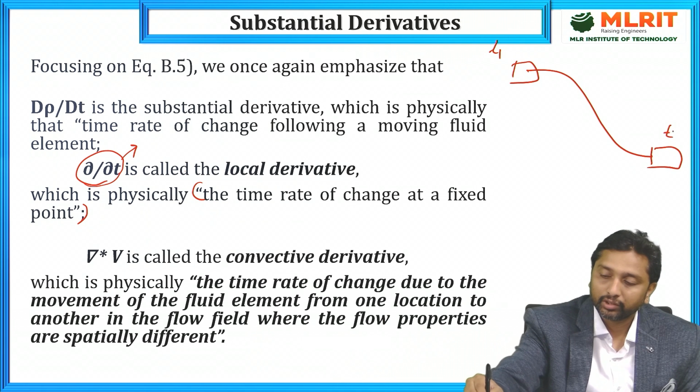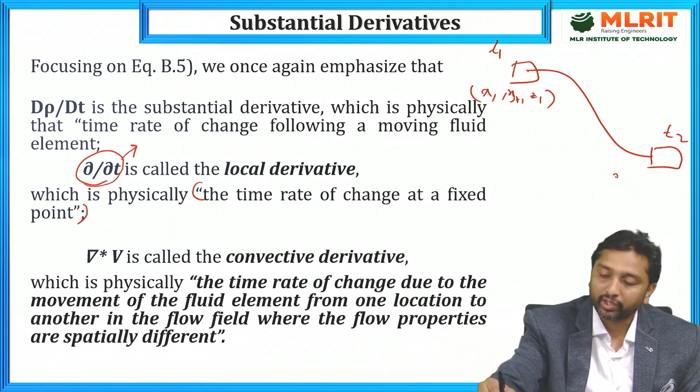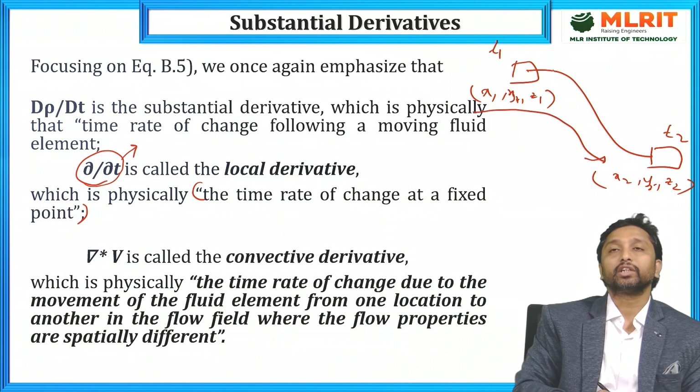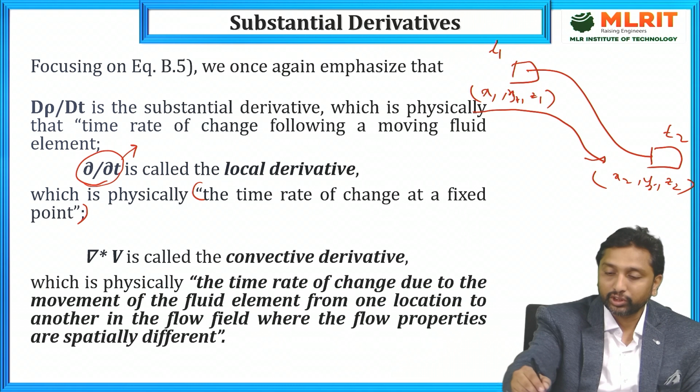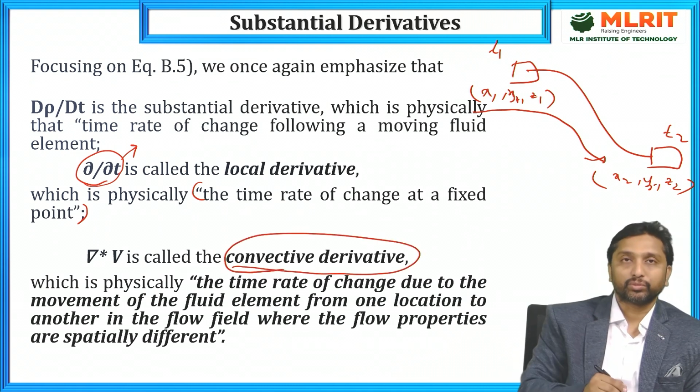t1, t2. At the same time it is traveling from x1, y1 and z1 to new space coordinates, which are x2, y2 and z2. Because of the transition from this point to this point, there are certain changes. Those changes are called the convective derivative terms.